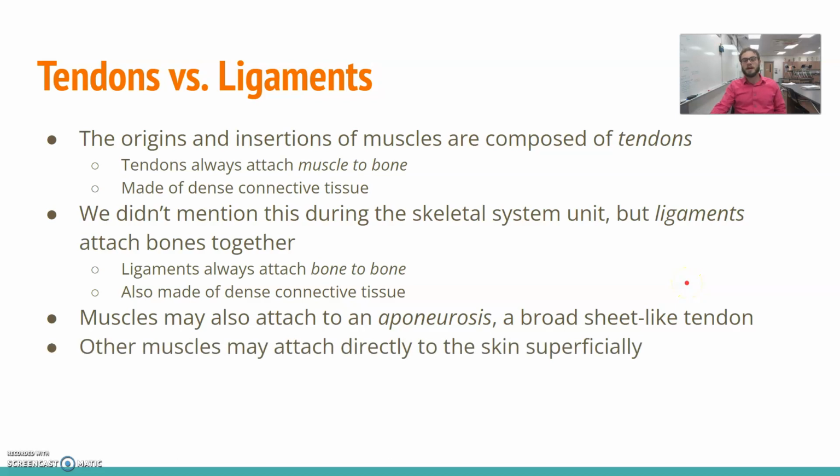Other muscles may not have a tendon or an aponeurosis, but they may actually attach directly to the skin that sits superficial to them, and we see that quite commonly in the muscles of the face.